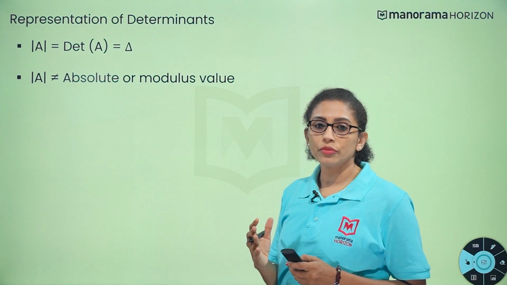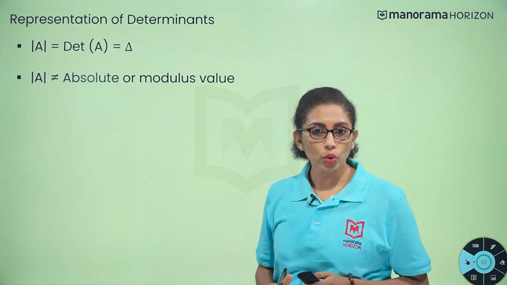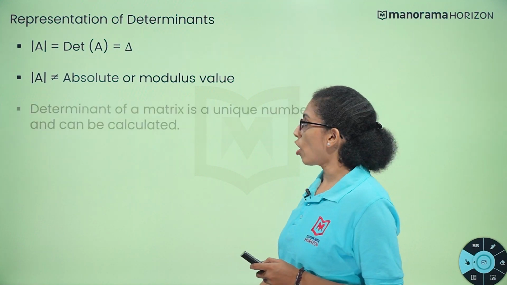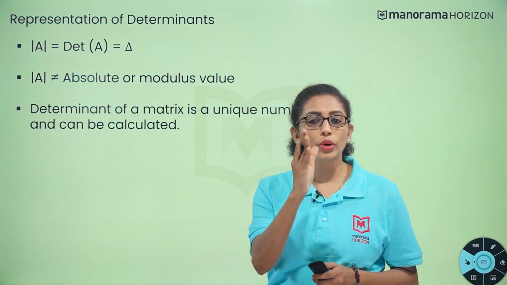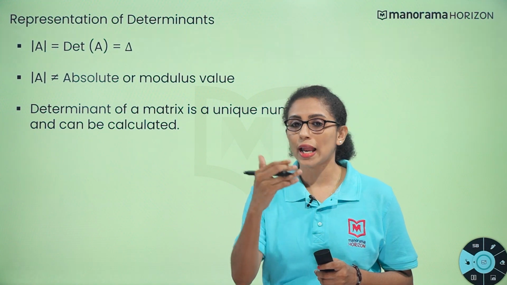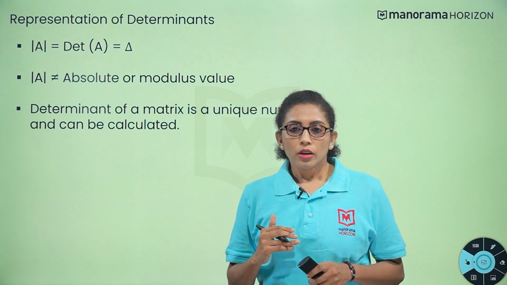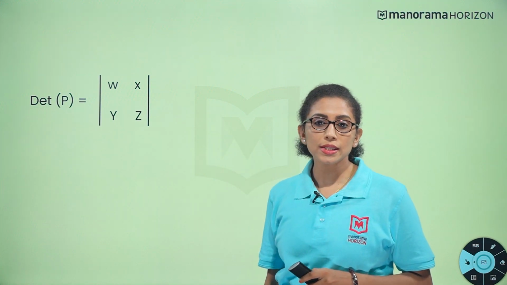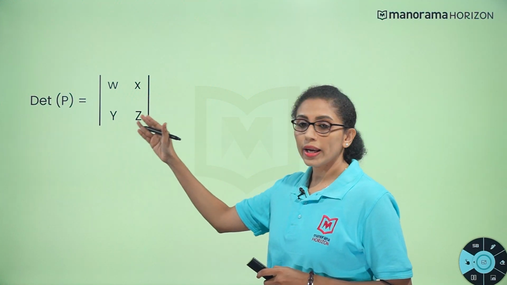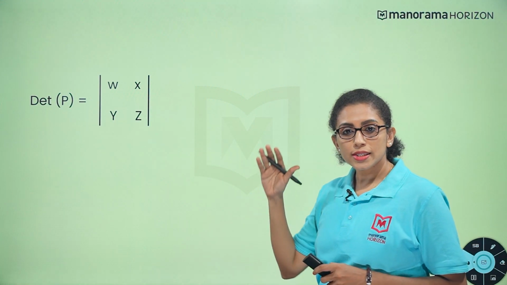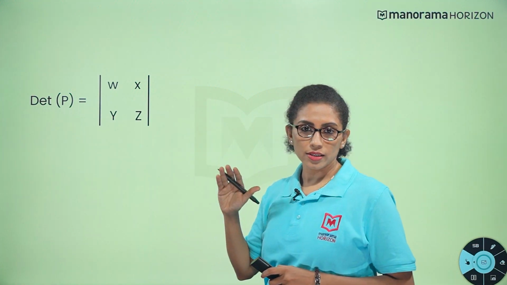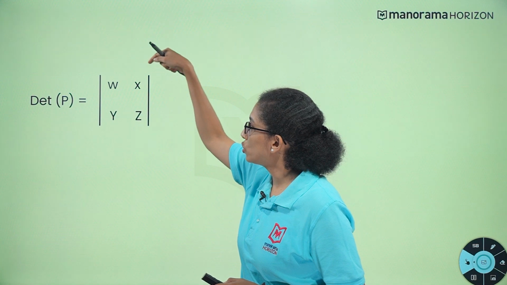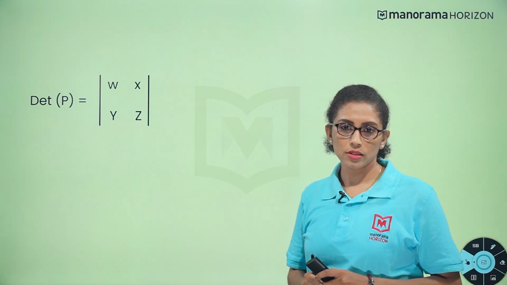Do not confuse it with the absolute value or the modulus of A. The determinant of a matrix is a unique number and it can be calculated. If we have a matrix, say P, with elements W, X, Y and Z, its determinant is written like this. The elements will be written between two vertical bars.